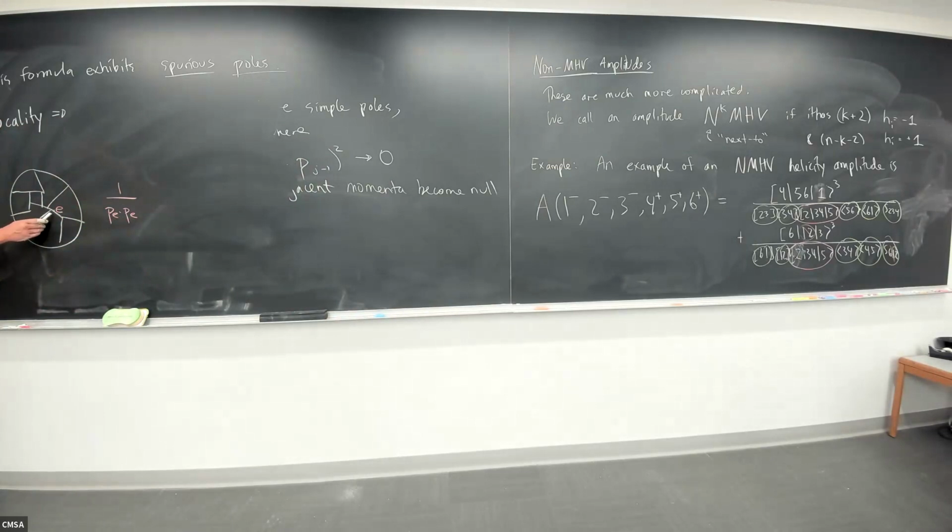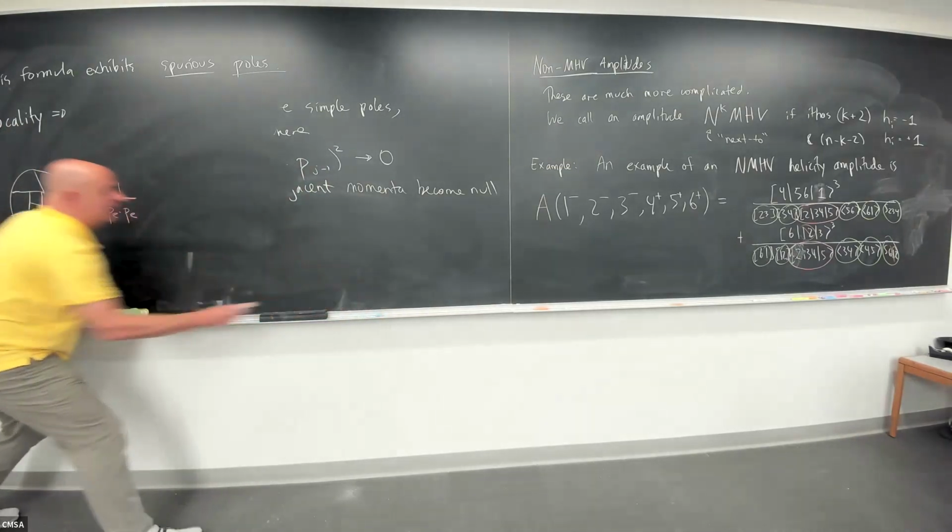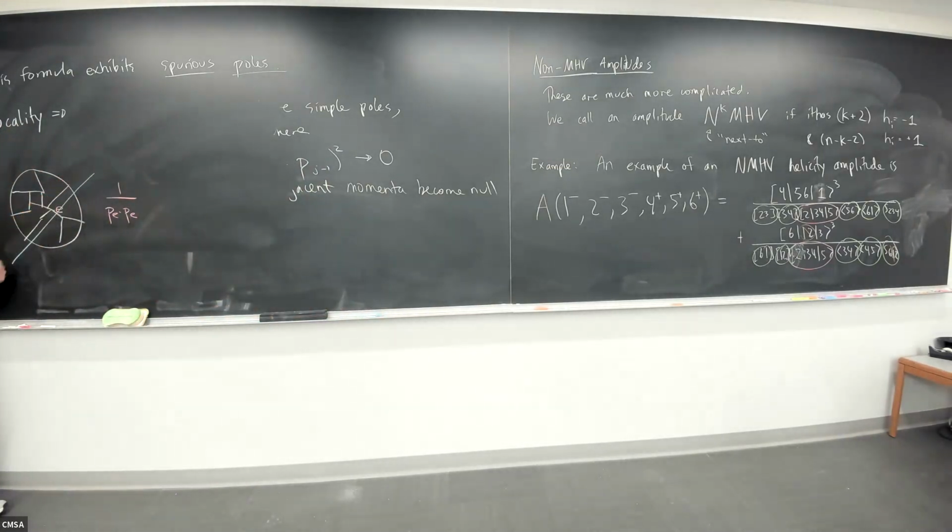Because I used momentum conservation to determine these PEs, if you have some collection of particles here, I plus 1, I plus 2, up to I plus j minus 1, the momentum flowing through that edge is going to be that sum.